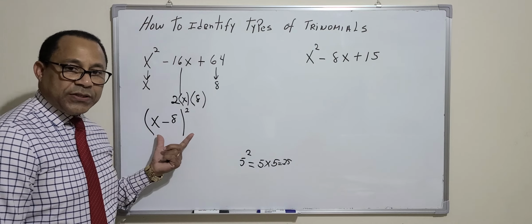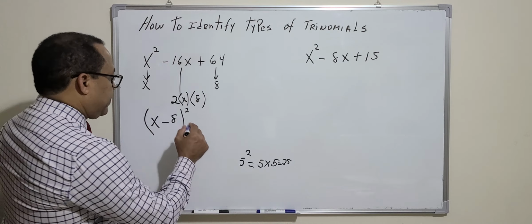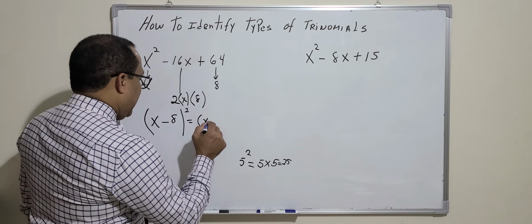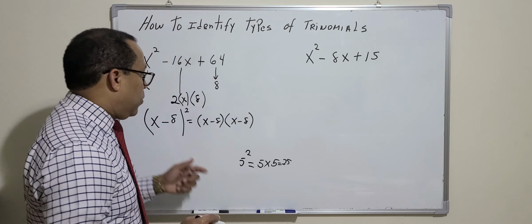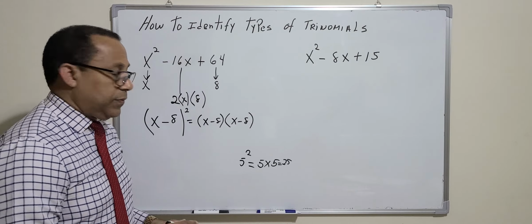Here we have the same process. So here we have equals x minus 8 times x minus 8. There's no need to do this. We are just trying to prove that this trinomial, when factored, gives the same result.